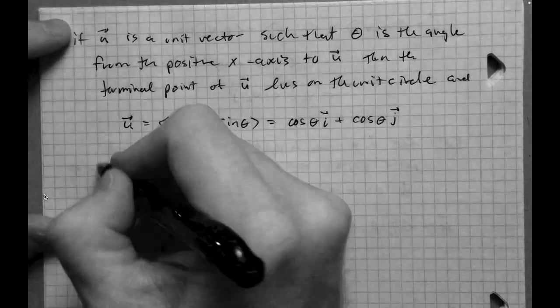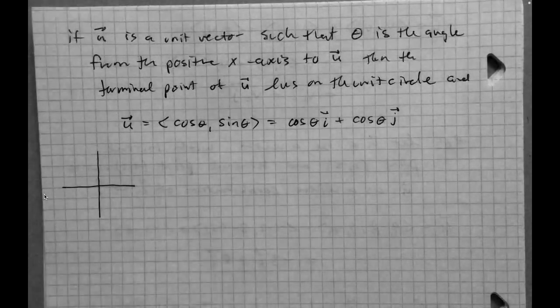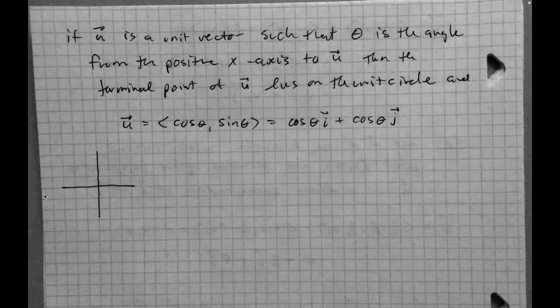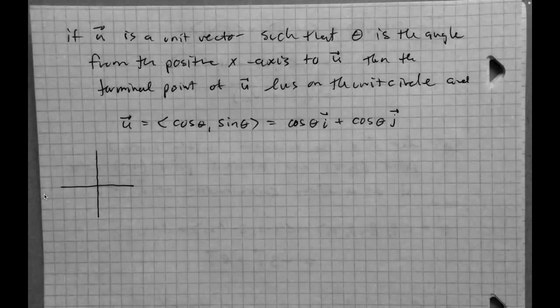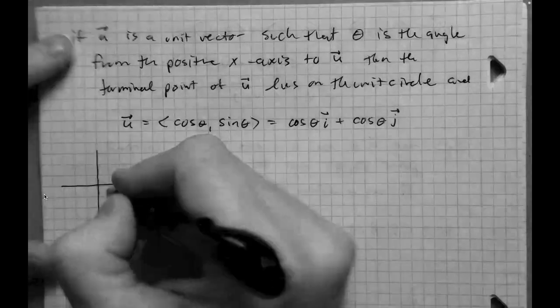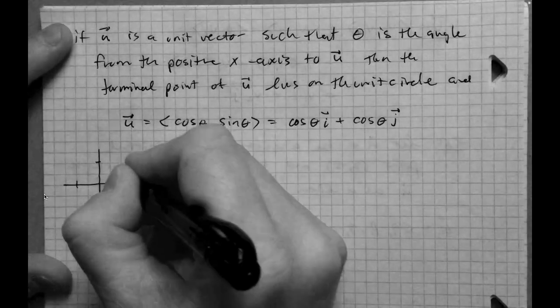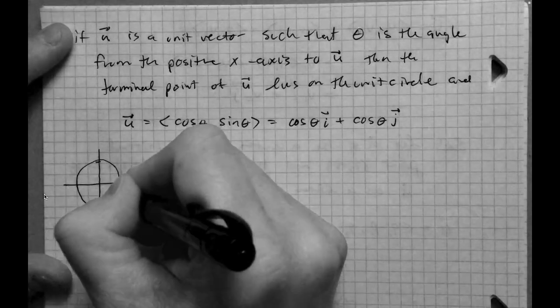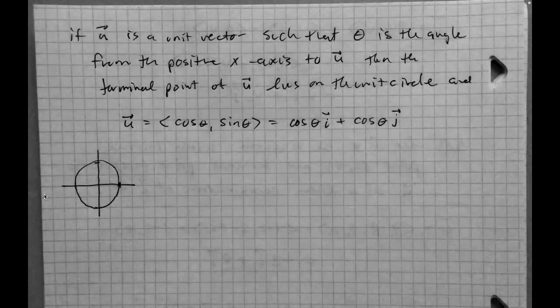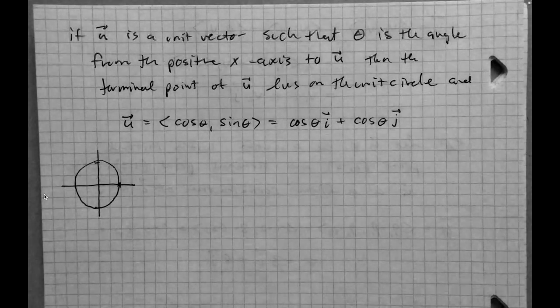Okay, so let's break this down a little bit. You may recall from your trigonometry class what the idea of a unit circle is. It's the circle built around the origin that has radius 1. Much of your trigonometry class took place inside the unit circle.